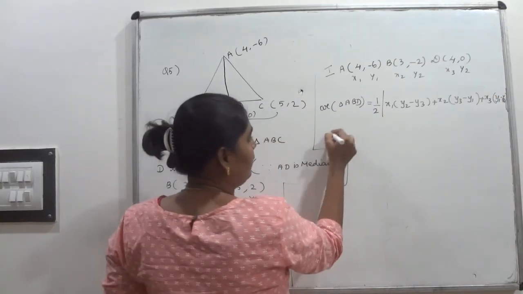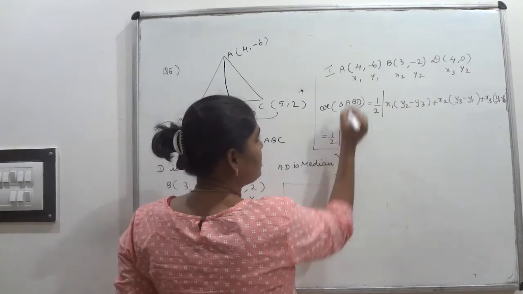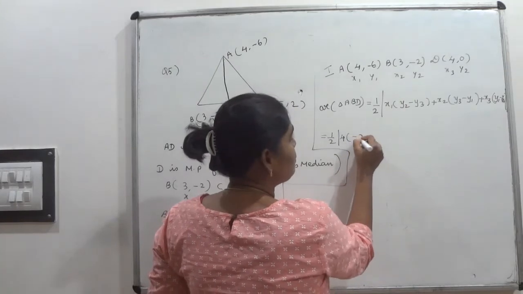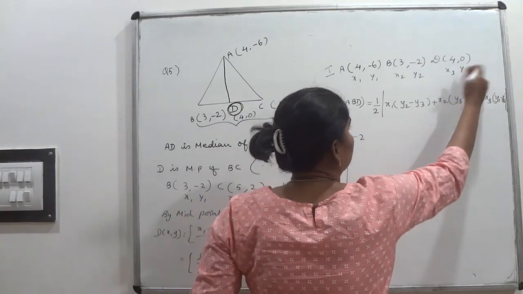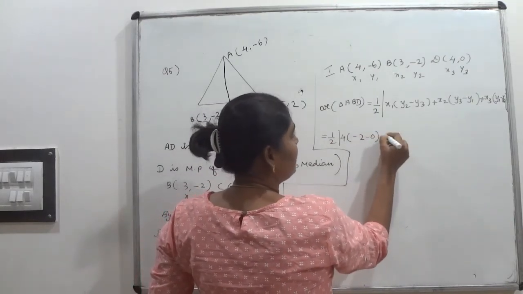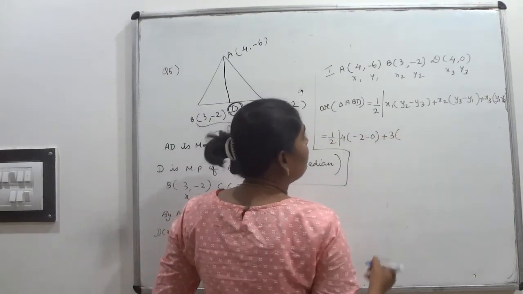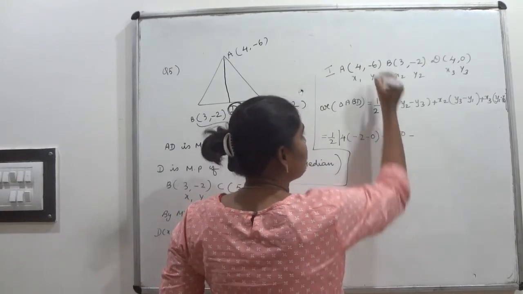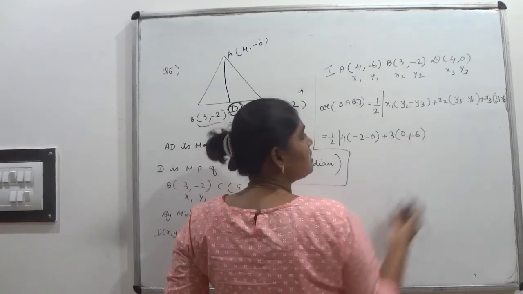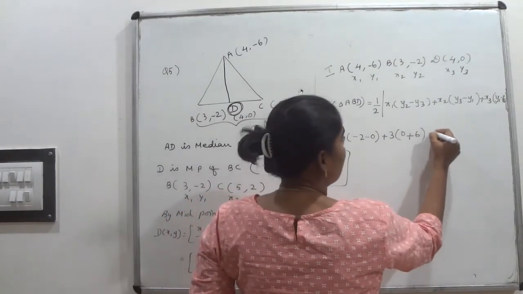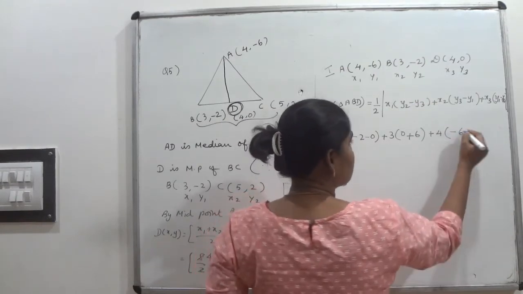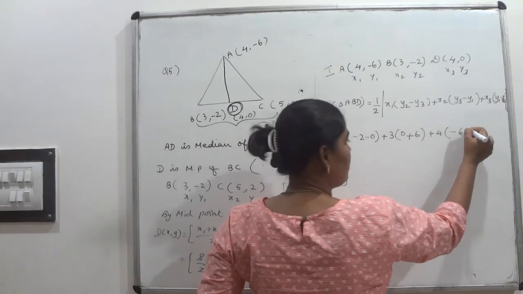Half, x1 is 4. y2 minus y3: y2 is -2, y3 is 0. Plus x2 is 3, y3 is 0, minus y1 is minus -6, which gives plus 6. Close the bracket. x3 is 4. y1 minus y2, that is -6 minus -2, which gives -4.